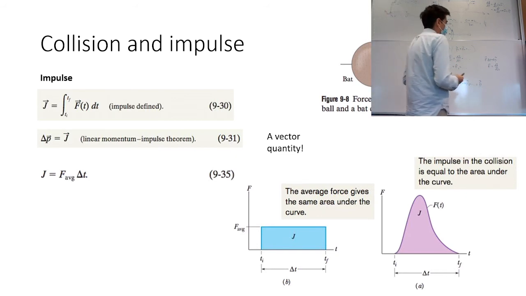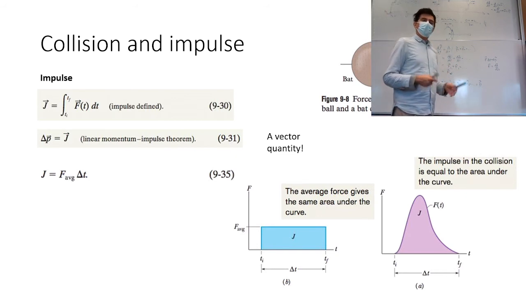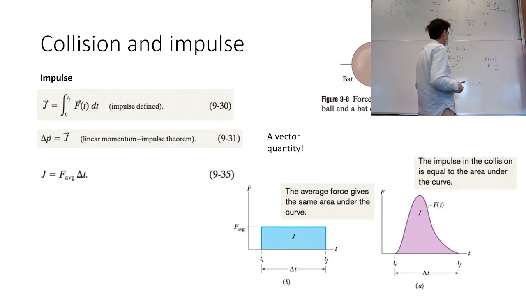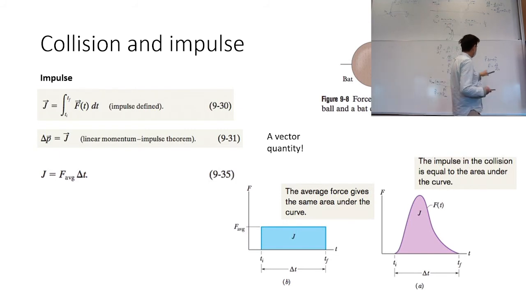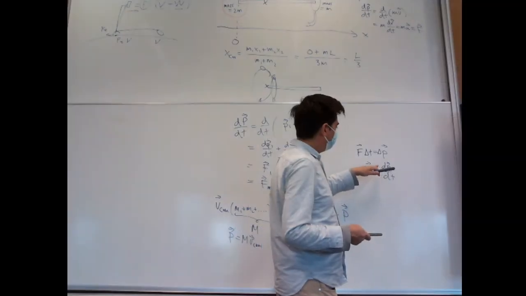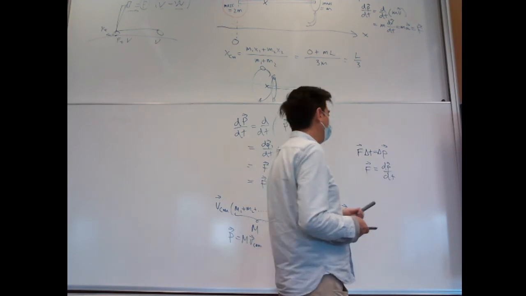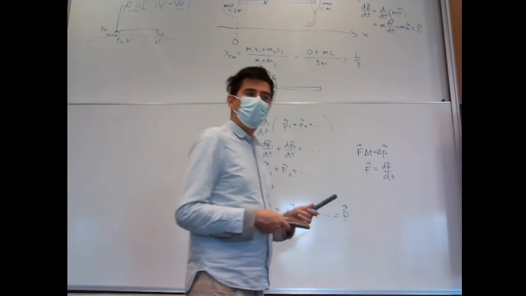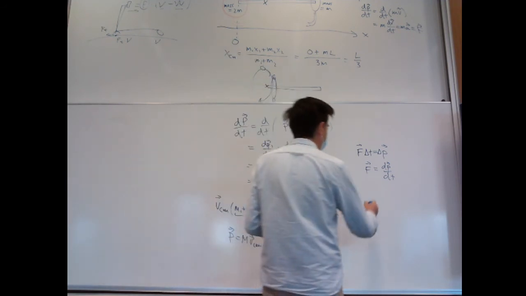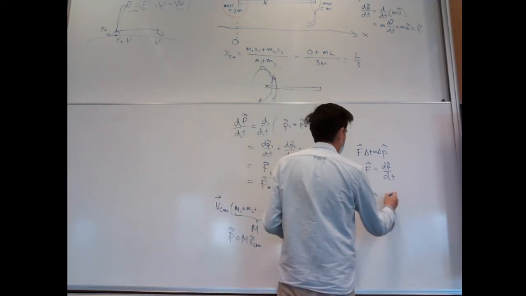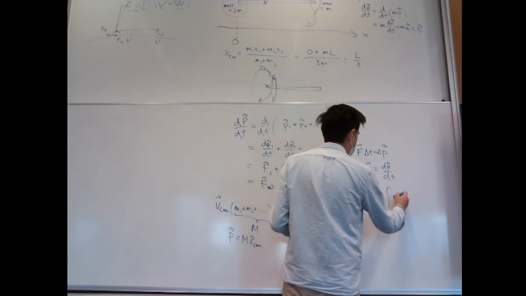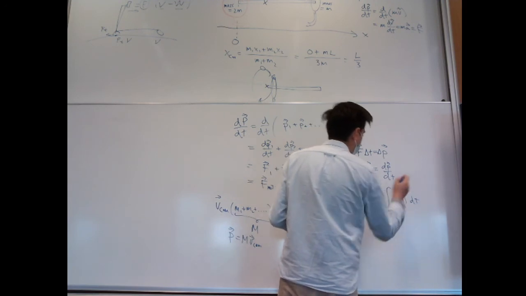Now what this is talking about is just inverting this relation, right? We know that the momentum time derivative is the force. So obviously we can go backwards and get the momentum by integrating the force with time, right?